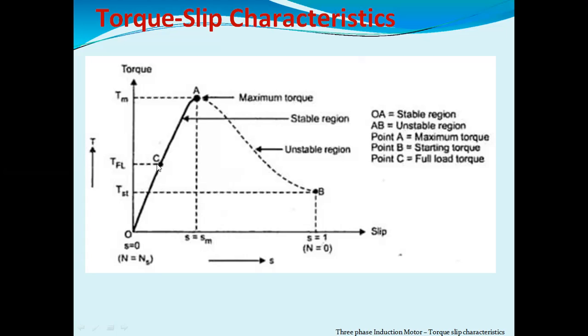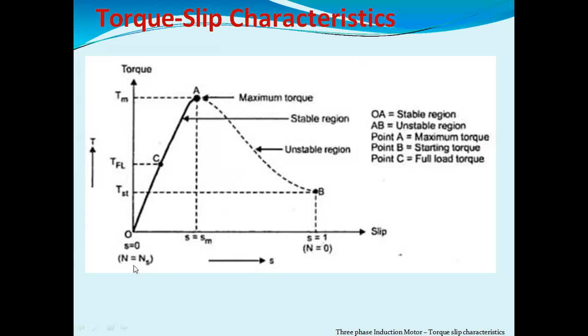At that time, you will get the value that we are saying as the full load torque, because here we are considering our rotor will be rotating and it will have maximum speed. Its speed will become equal to Ns.